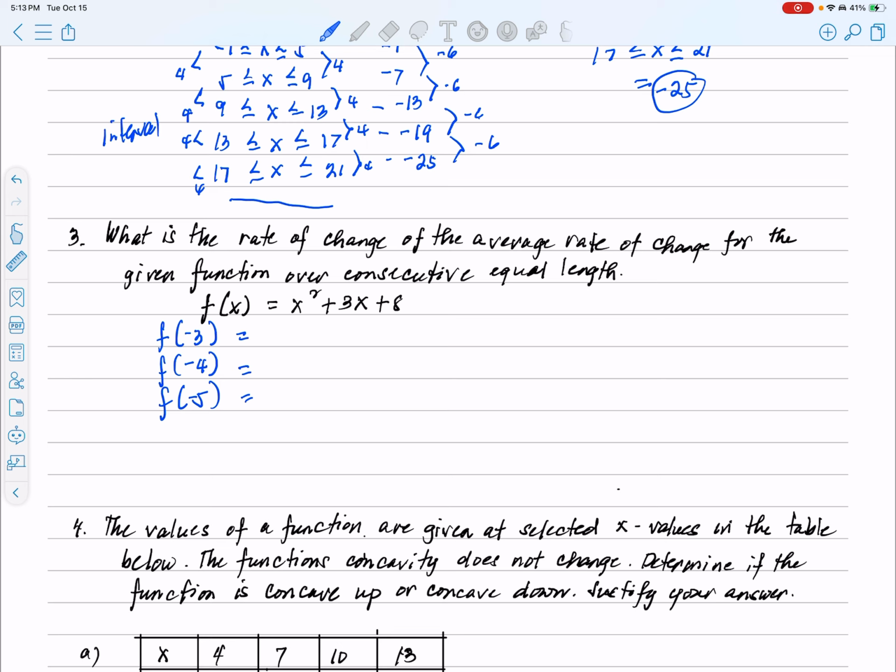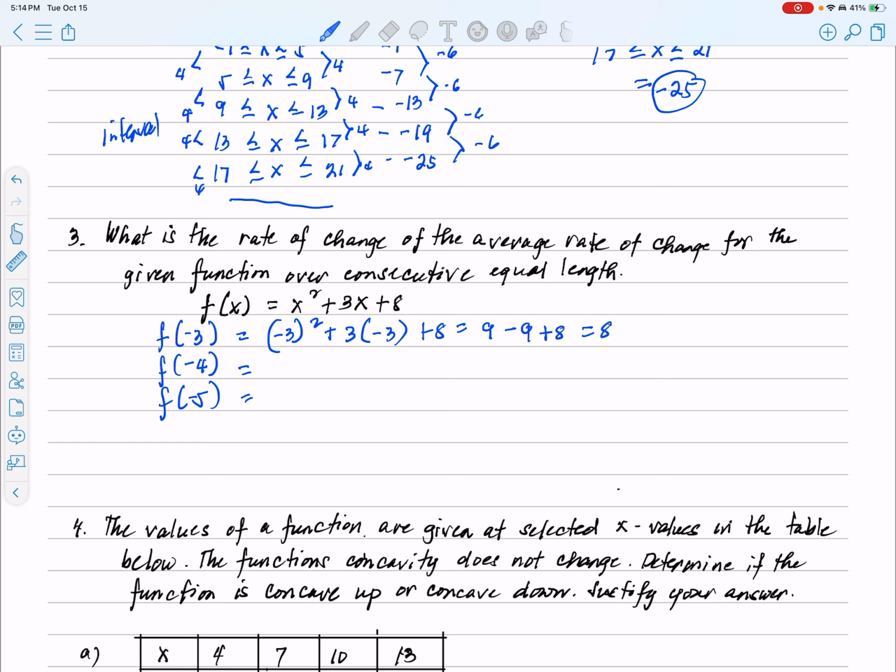Okay. I will substitute -3 into the function: -3 squared plus 3 times -3 plus 8. So -3 squared, that's 9. 3 times -3, that is -9. Then plus 8. So you have the value of 8.